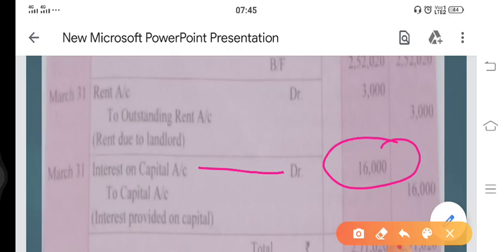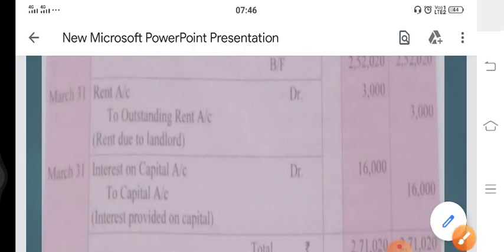It is to be paid to whom? To the businessman. And for the businessman's account, we have created capital account. So his capital will definitely increase, because earlier his capital was 2 lakh. Now we'll also pay him 16,000 of interest. So to increase that amount, since it was having a credit balance, it needs to be increased by crediting it. So here capital got credited with the same amount.